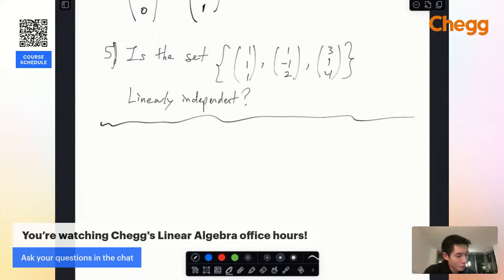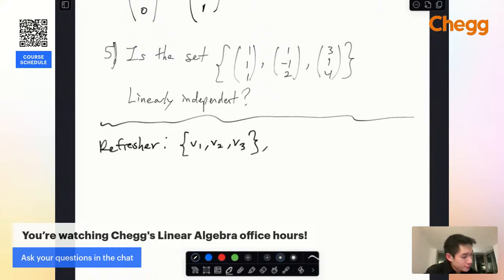First of all, we can recall what it means for vectors to be linearly independent. So here's a refresher. I'll just write the definition with 3 vectors since I have 3 in my example.